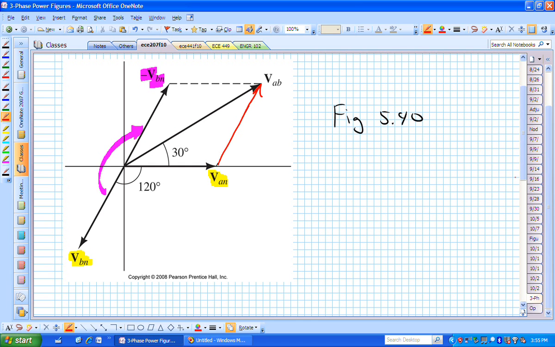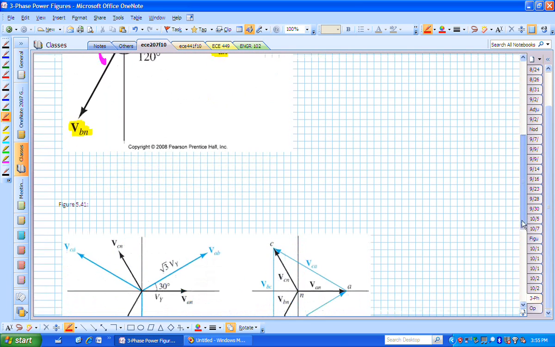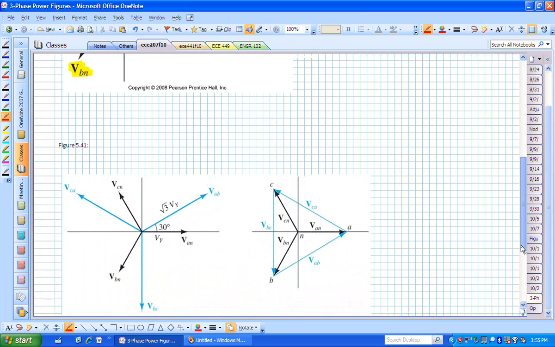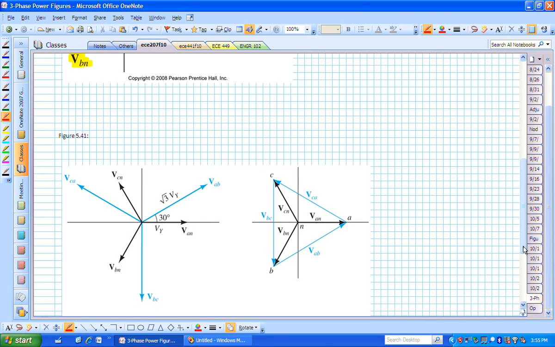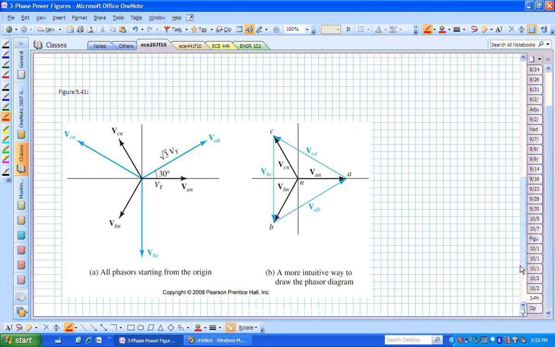That's the way that these line voltages, if we go back, and another way of looking at that is in this picture. Here is V sub An, here's V sub Bn, which if we subtract that, it would be coming down here.